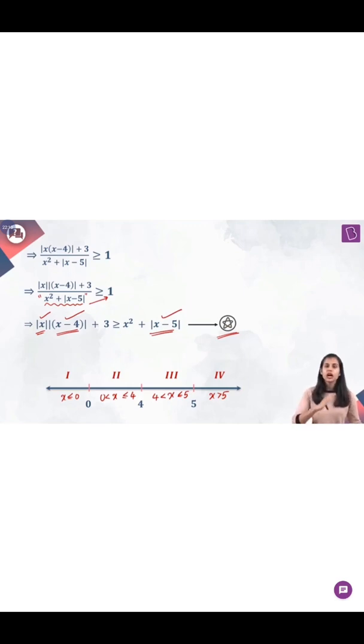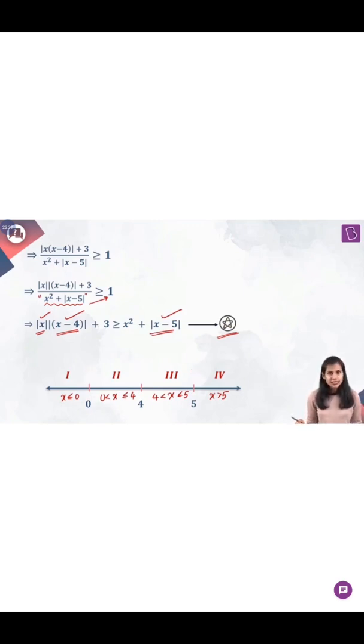In the first region, how many values of x satisfy my star inequality? In the second region, how many? In the third, how many? In the fourth, how many? And in the end, I'll take their union, and that will be the set of all values of x on the real line which satisfy my inequality, which will give me my set B. Got the approach? So now let's get started.